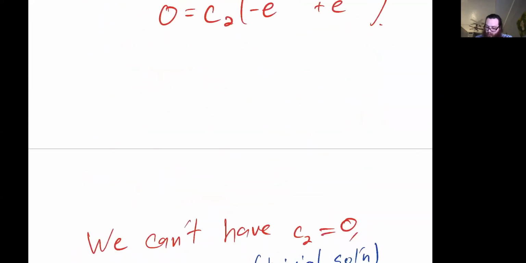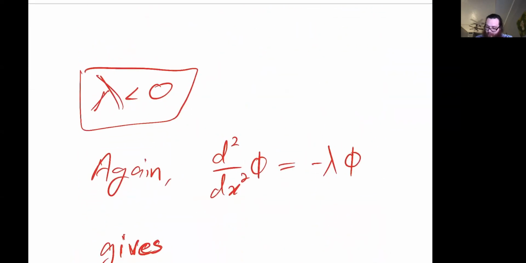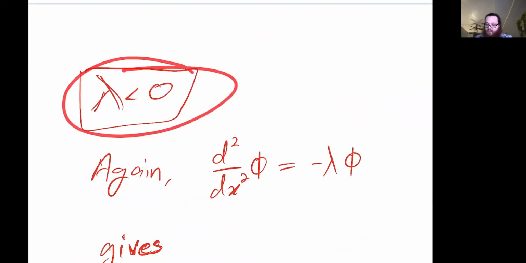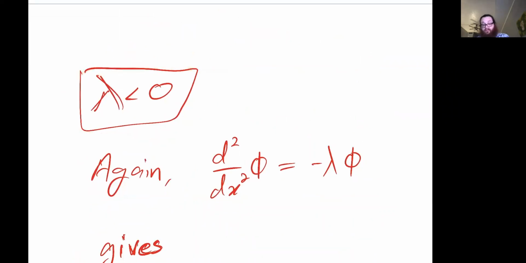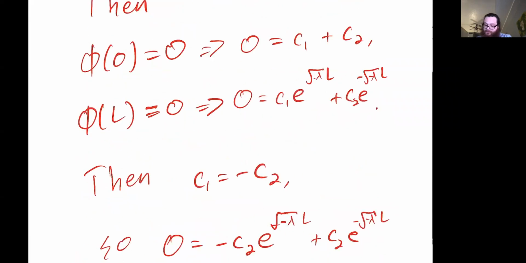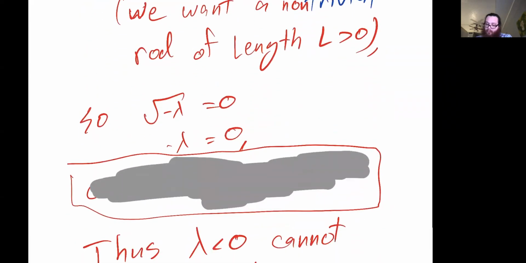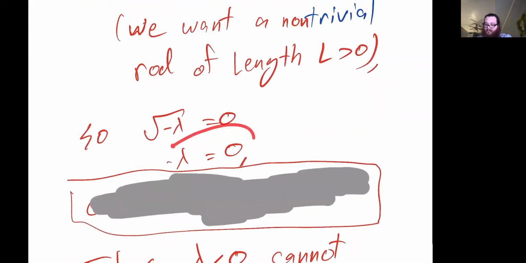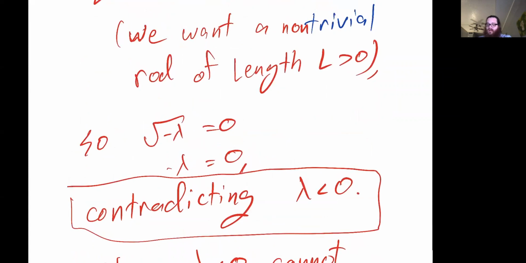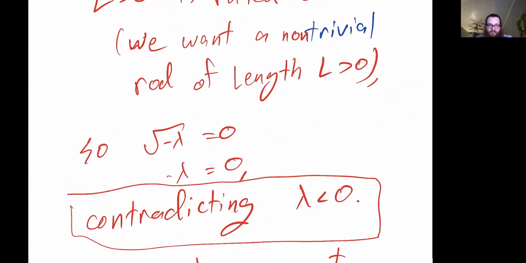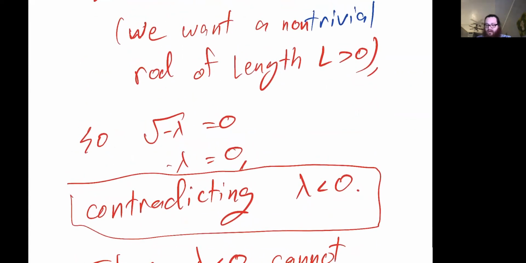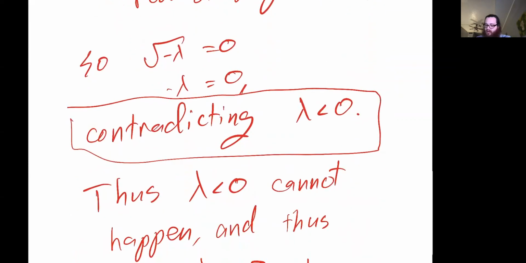And so recall, scroll up a little. Here we were starting with the assumption that lambda was strictly negative. But what we end up with is that actually lambda is equal to 0. So if we assume that lambda is negative, then we get a contradiction. Lambda can't be negative and 0 at the same time.